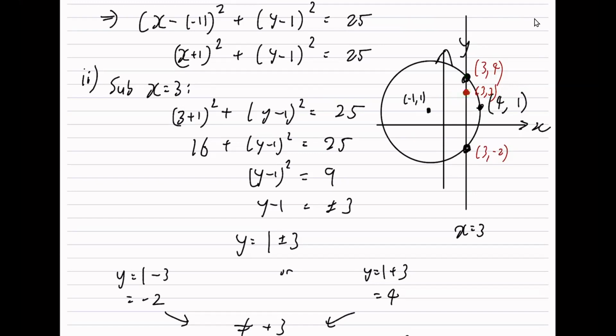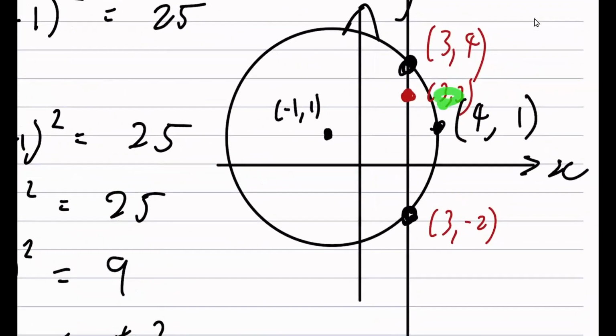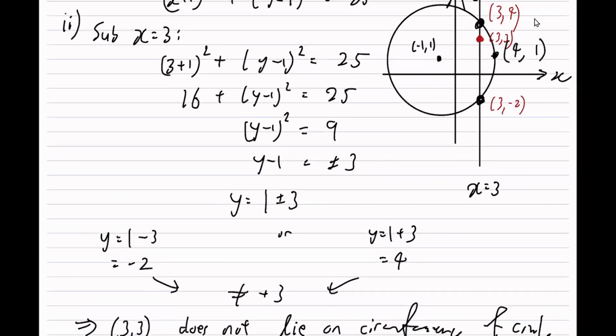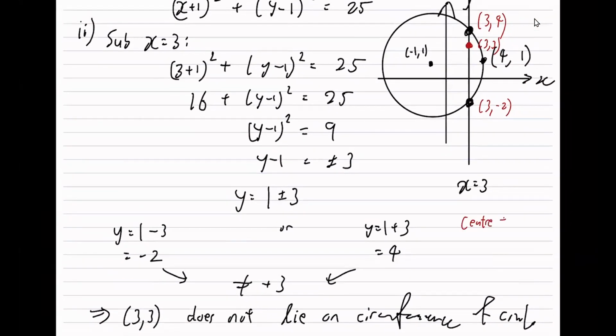Another way to figure out that (3, 3) lies inside the circle is to measure the distance between the center and the point itself. Whether it's less than the radius, equal to the radius, or more than the radius, we can conclude whether it lies on the circumference, inside the circle, or outside.